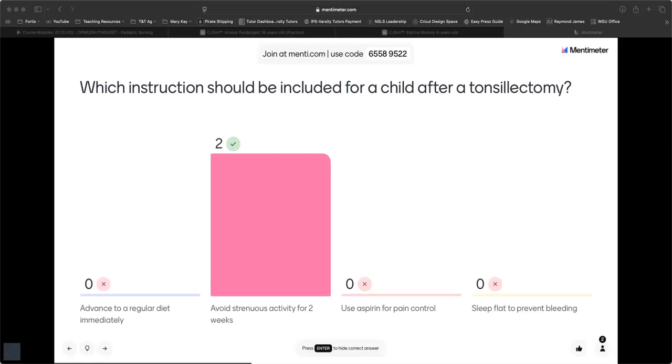So we want to avoid strenuous activity for 2 weeks so we're not putting stress on that incision causing bleeding.